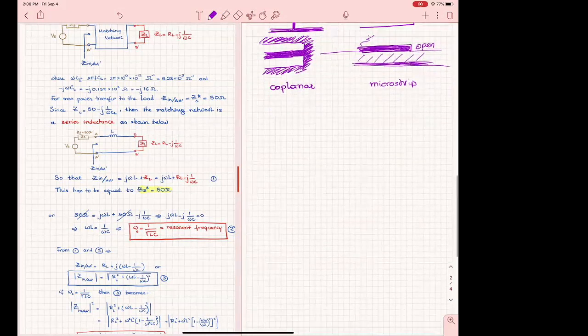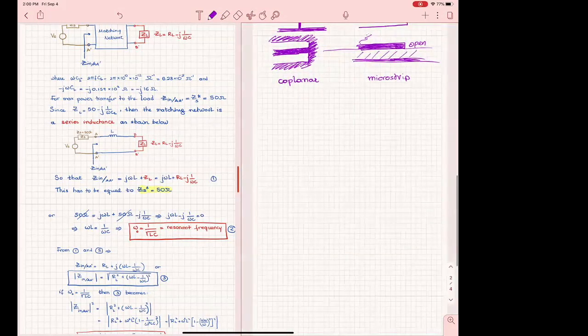So in this case, for the given load that I have, which is the resistor and the capacitor, I chose to use as a matching circuit just a simple inductor.